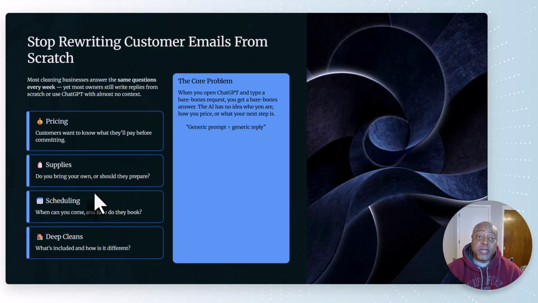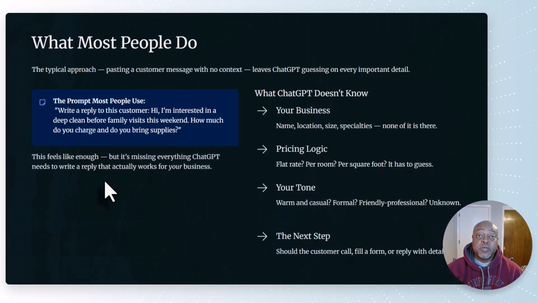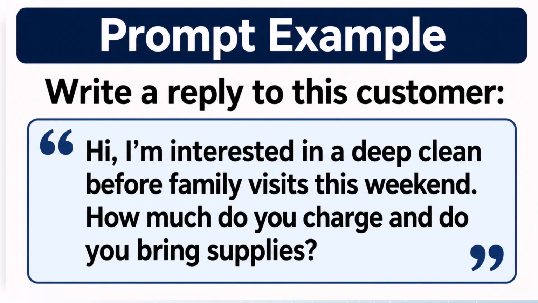The customer is going to ask a question, and you want to give them specific information from that question. Most people will use a very generic prompt: "Write a reply to this customer." And the customer says, "Hi, I'm interested in a deep clean before my family visits this weekend.